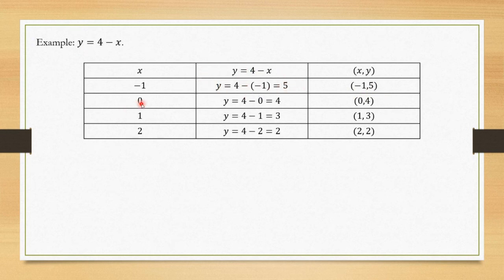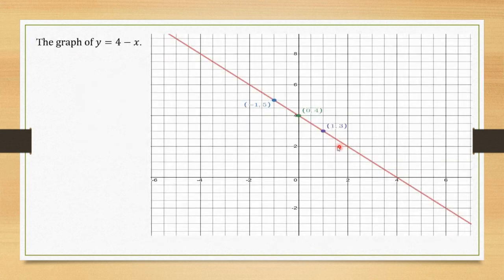When x is 0, plug it in, we get y equals 4. So 0, 4 is another solution, right? When x is 1, we get y is 3. So this is a solution. And when x is 2, we get y is 2 as well. So that's another solution. And then we can plot the points as I do here.